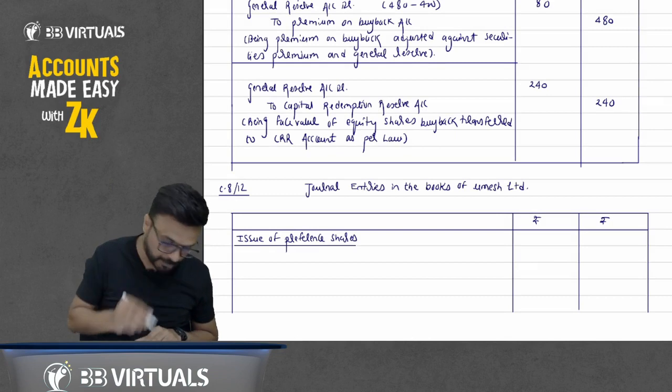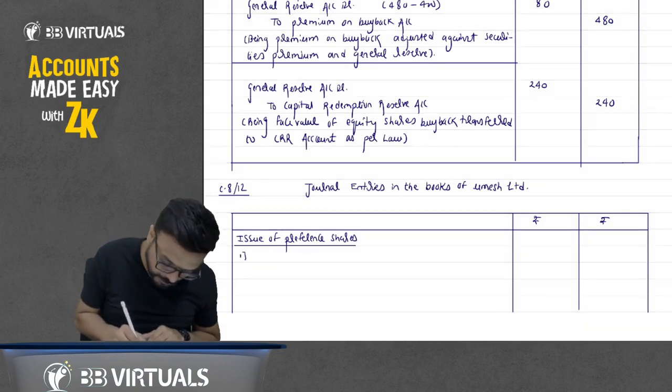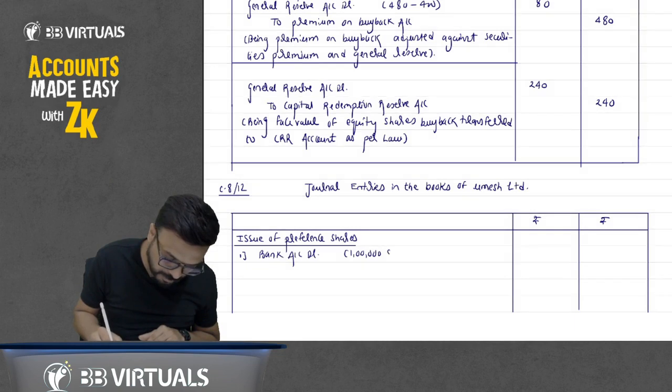So write down here, first entry. When we issue, we receive the amount. So bank account debit, 1 lakh shares we have issued at the rate of rupees 10.